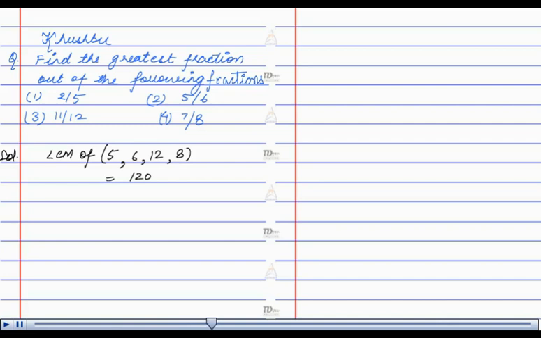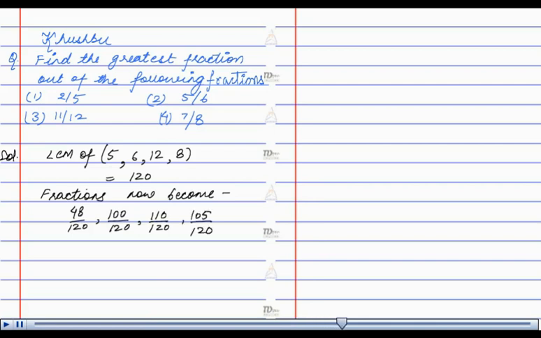So, the fractions now become 48 by 120, 100 by 120, 110 by 120 and 105 by 120.